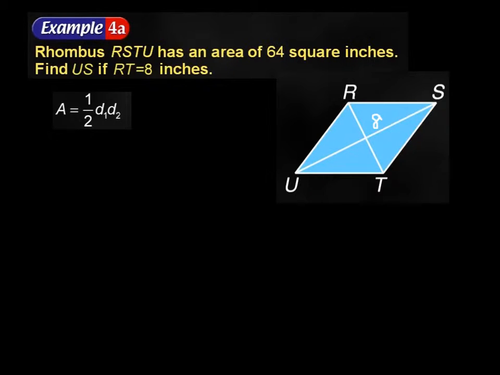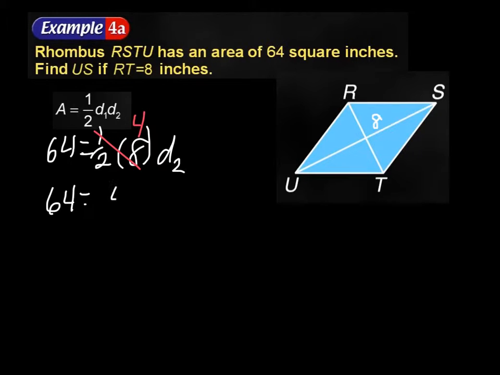They gave us the area, so I'm substituting that in for A, and they gave us one of the diagonals. So half of 8 is 4, so all I have to do to solve is divide both sides by 4, and we're done. Oh, they even gave us units this time. Inches.